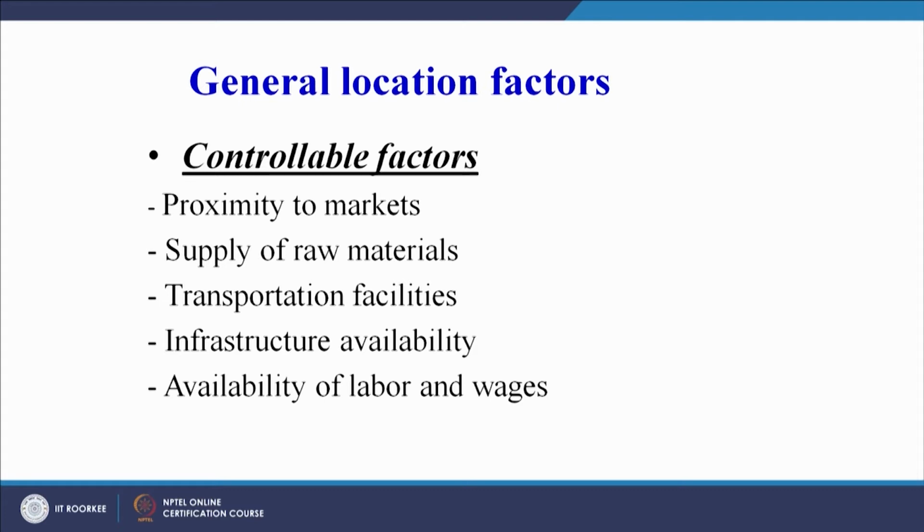General location factors which are controllable are proximity to the markets. There can be a market for a particular product in a particular part of the country. One example is coming to my mind. Suppose there is a region in a country where the temperature is always above 35 degrees centigrade. Suppose ours is an ice cream making organization.